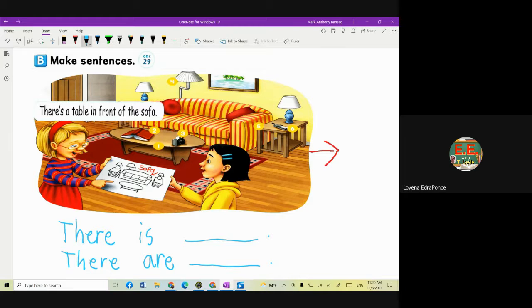Number 5. There's a table next to the sofa. Next to. So there is a table next to the sofa.